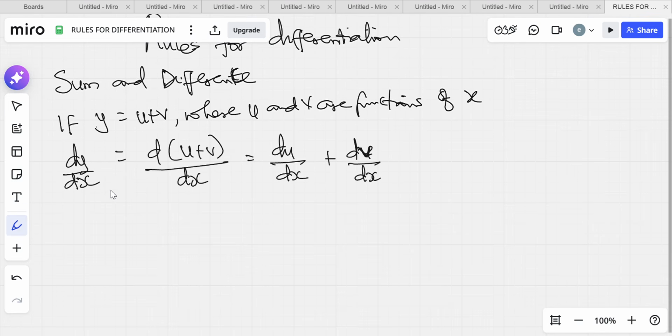This is called the sum rule, because it is plus.